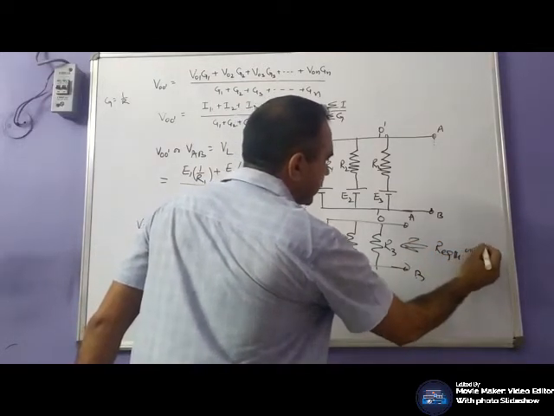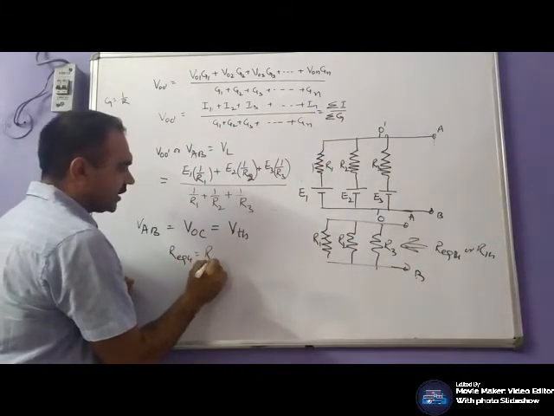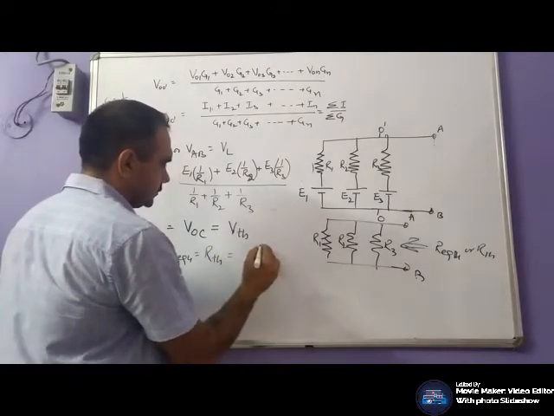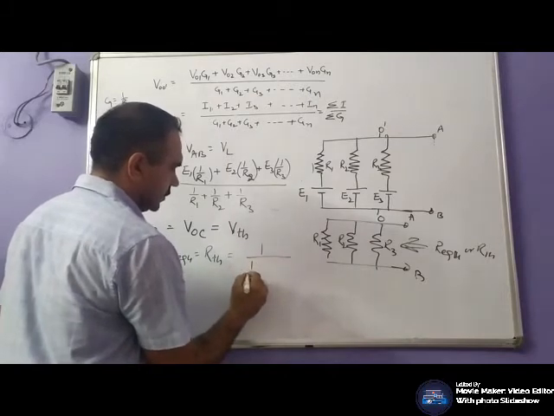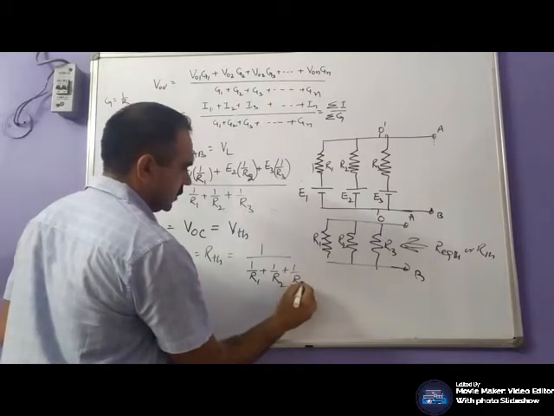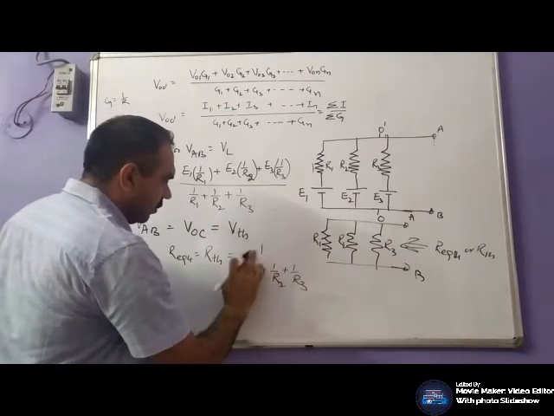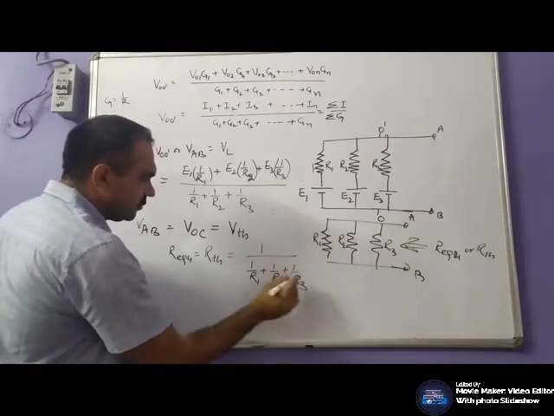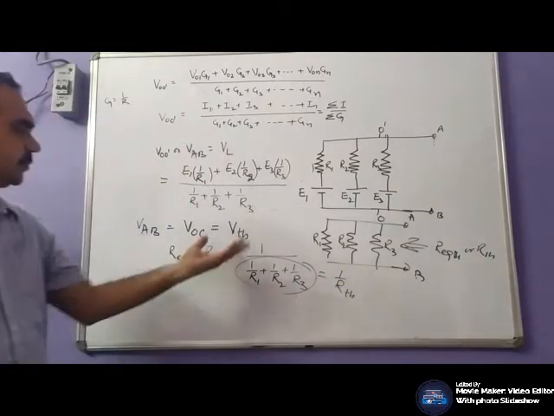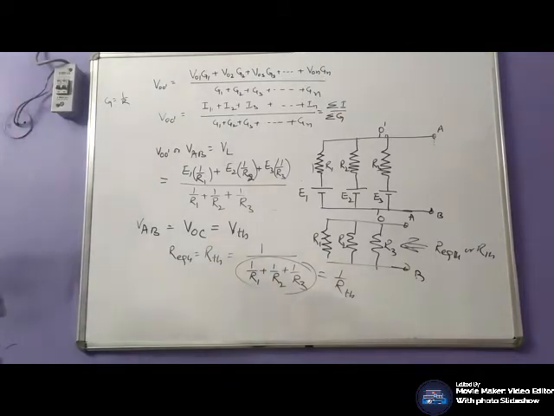R equivalent or R Thevenin would be equal to this, which is 1 by RTH, and the reciprocal of this will be RTH.